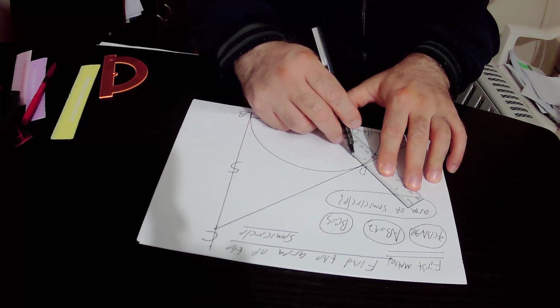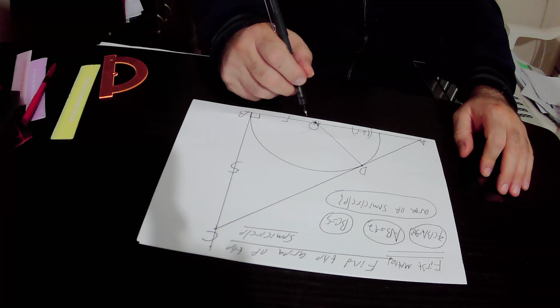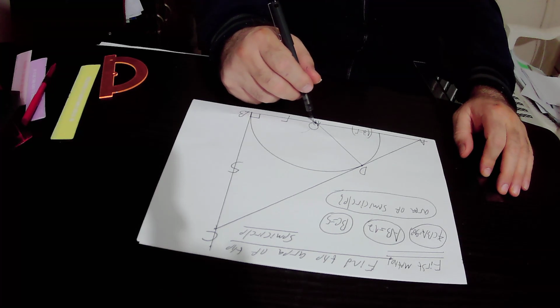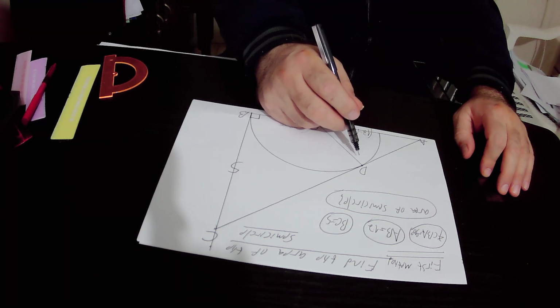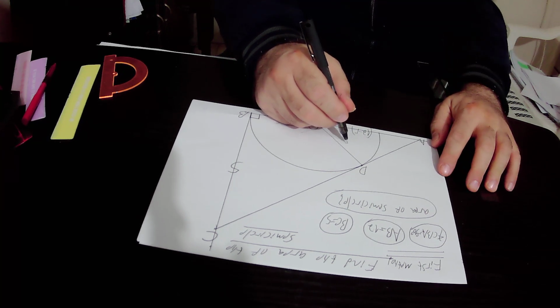So actually, line segment OD is the radius of this semicircle because it starts from the center of this semicircle, point O, and ends at point D, a point on this semicircle, so it is equal to R.